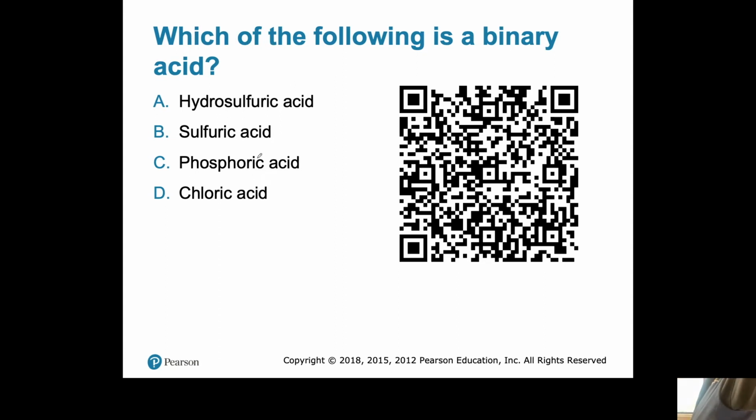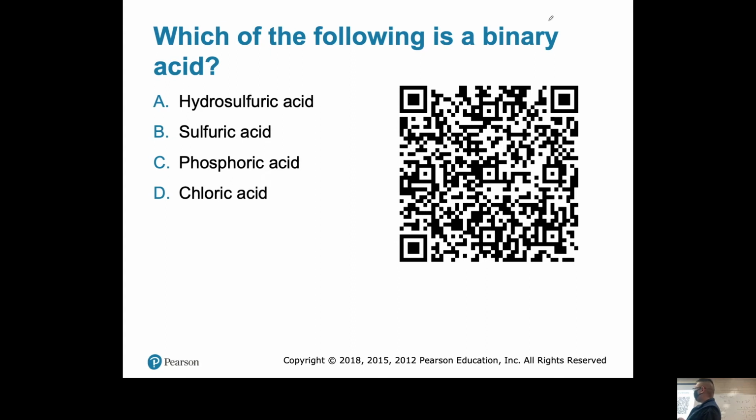Most of you got that one right, probably because you knew what I was trying to ask. The correct answer is A, because hydrosulfuric acid is the only one that's just two elements: hydrogen for the hydro part and sulfur for the sulfide part.